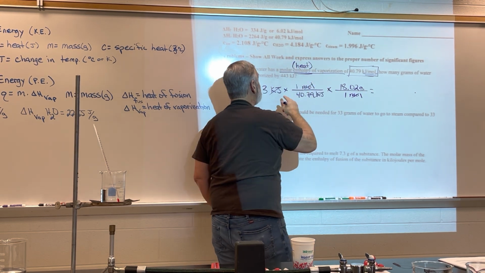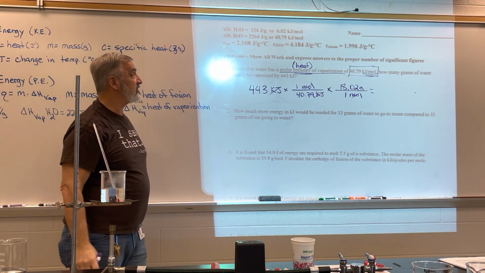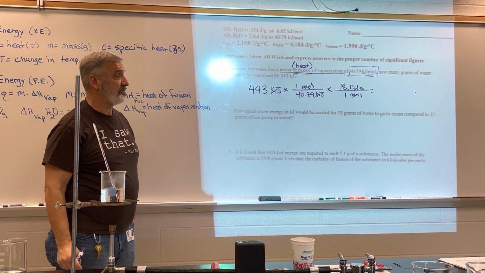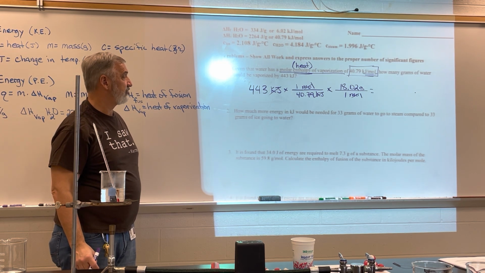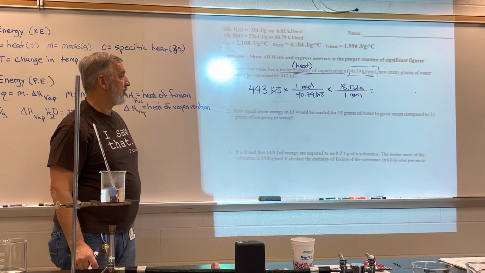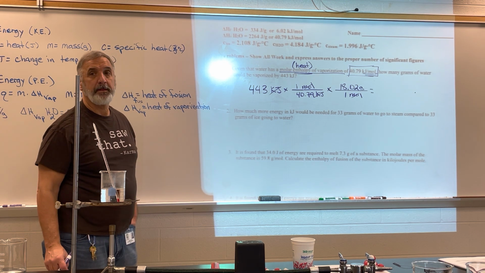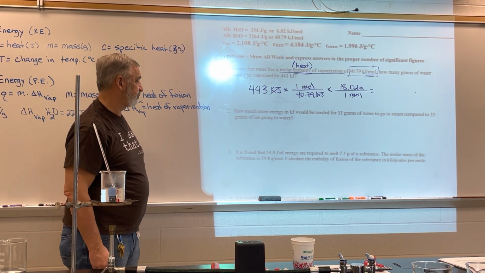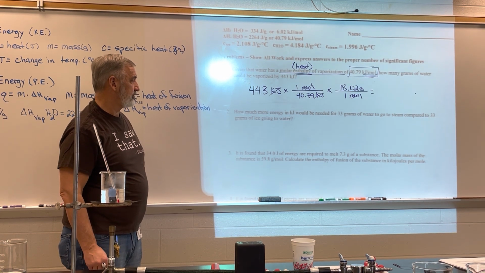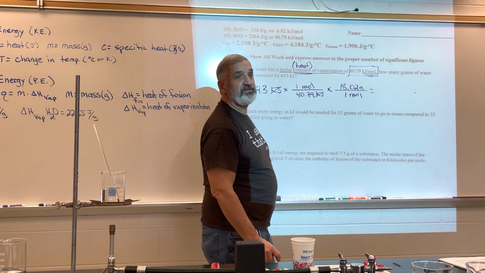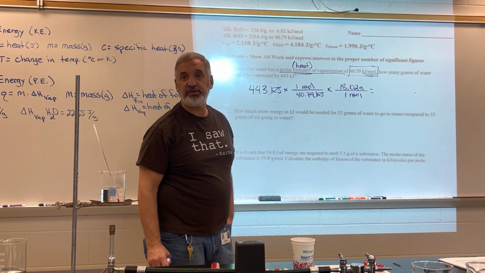I have grams now of water. So that's my answer. I stick the fork in it. So we end up getting 195.7. Do I have somebody agree with that number?